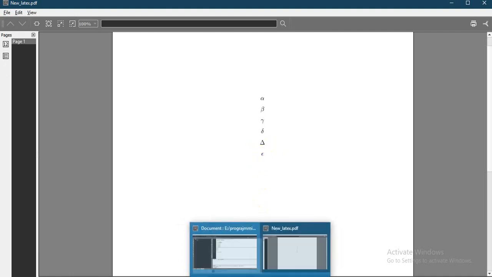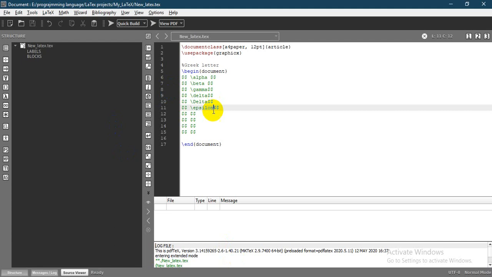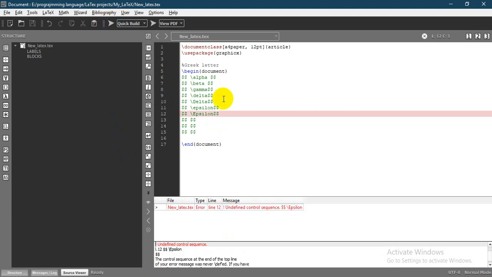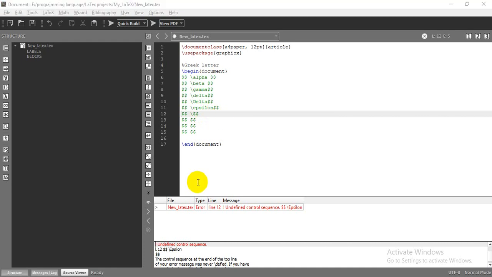Now epsilon can also have the capital letter which is used in mathematics, and that capital letter is usually summation. So we can write again epsilon with a capital letter, big E, like that. So this with capital letter, compile. Normally, epsilon in capital letter is not usually used in mathematics.